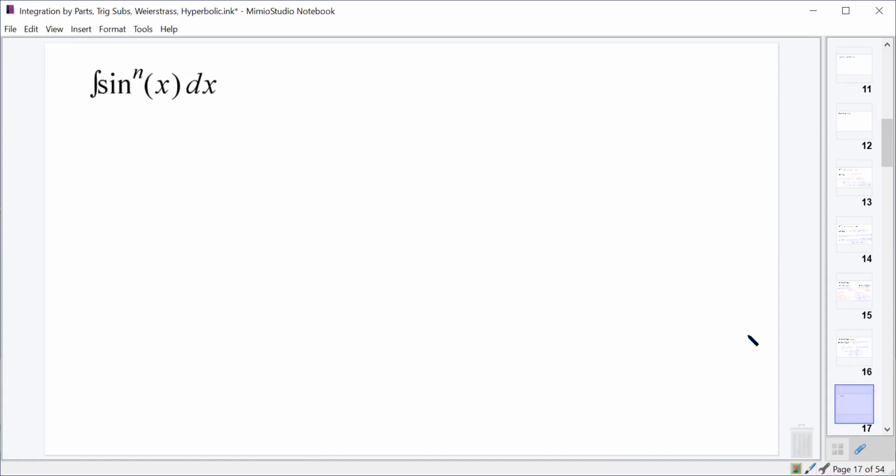So what we're going to do, I'm going to guide us through this, is we're going to start with letting dv just equal sine of x dx, because it's really easy to integrate just sine of x. What would v be if dv is sine x dx? Should just be negative cosine x.